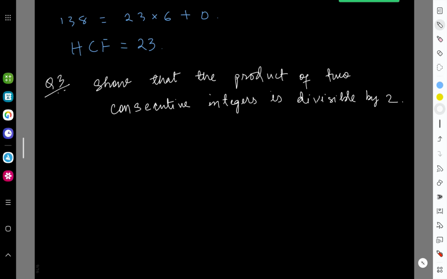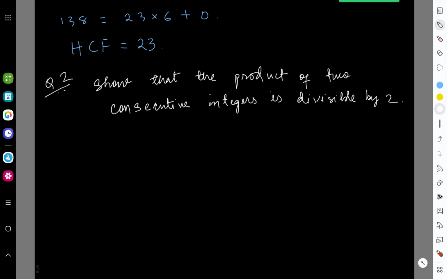Now let us move on to question number 2, that is, show that the product of two consecutive integers is divisible by 2. I would like to remind you to read the question very clearly and read the question slowly.